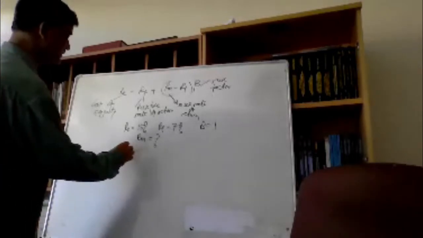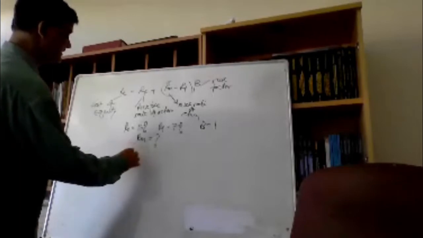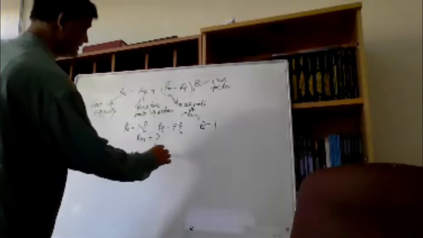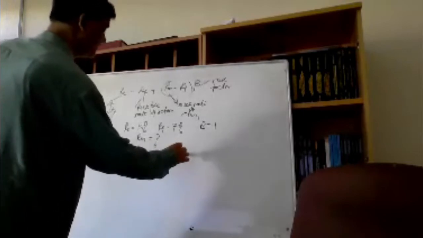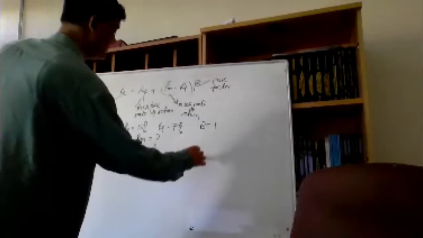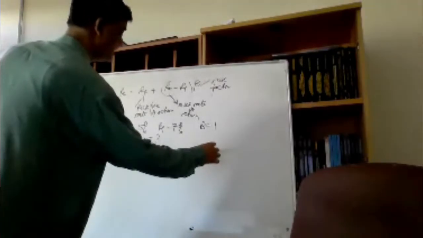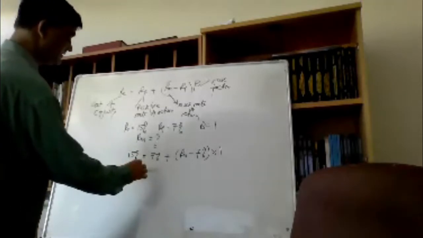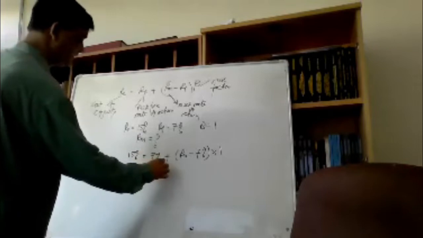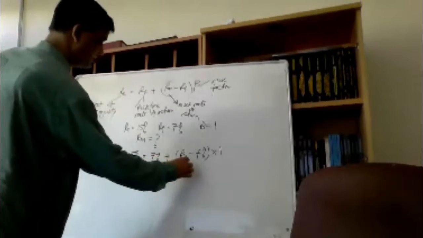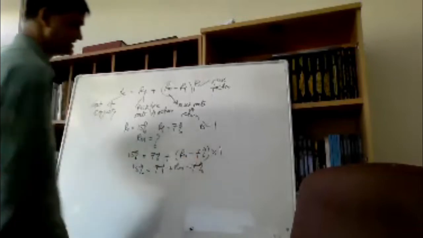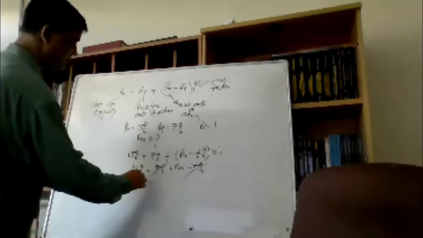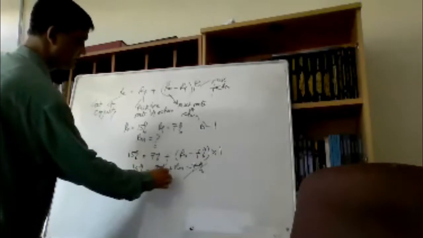Let's do it together. Okay. So what we have here is RE 15%, RF is 7%, plus RM, which we have to calculate, minus 7%, multiplied by 1. So 15% equals 7% plus RM minus 7%. The 7% cancels out, so RM equals 15%.